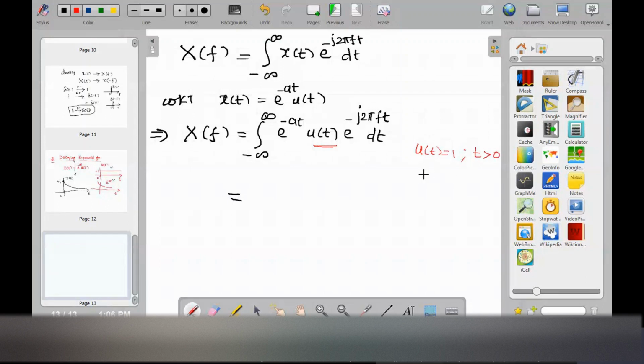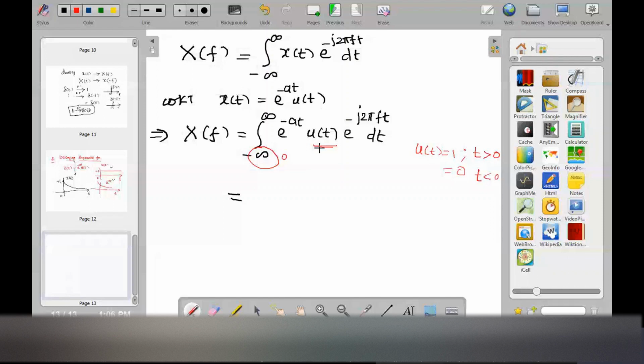For minus infinity to 0, that means when t is less than 0, u of t takes the value 0. Since it is a multiplication factor, till 0 this whole term will become 0.